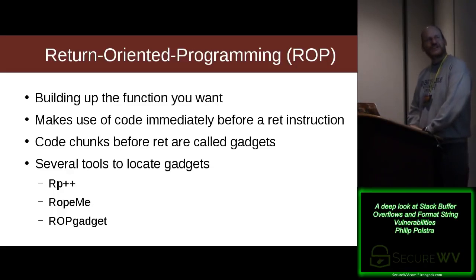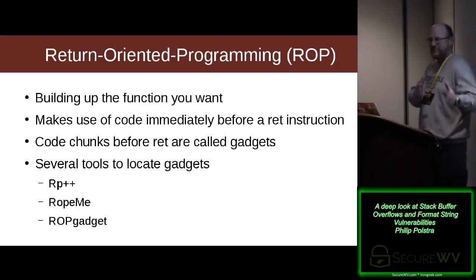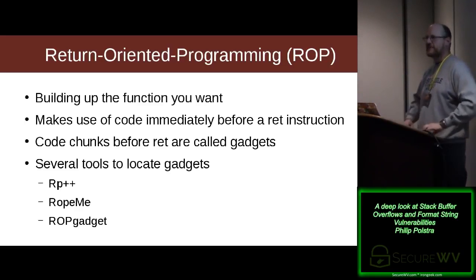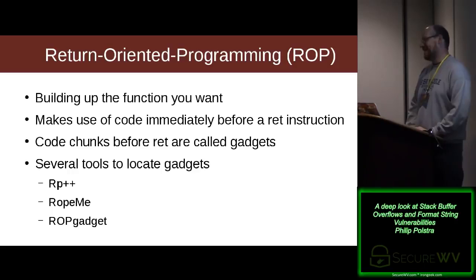So let's talk a little bit about ROP, return-oriented program execution, if you will. How does this work? You build the function you want. So what you do is you look for code immediately before a return instruction.